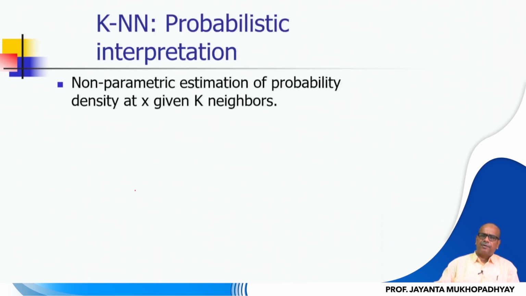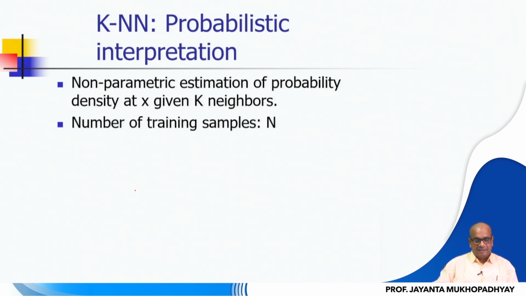There is also a probabilistic interpretation for k nearest neighbor. In fact, in that way it is connected with Bayesian classification. While counting the nearest neighbors, effectively what it does is non-parametric estimation of the probability density at x given k neighbors.